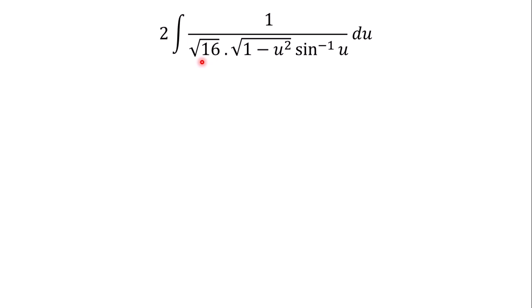I just want to avoid the plus or minus. So I just write it as 4 squared, and the square root sign took away the power 2. So what is left is 4.